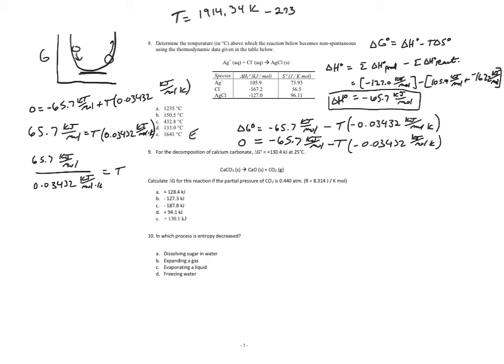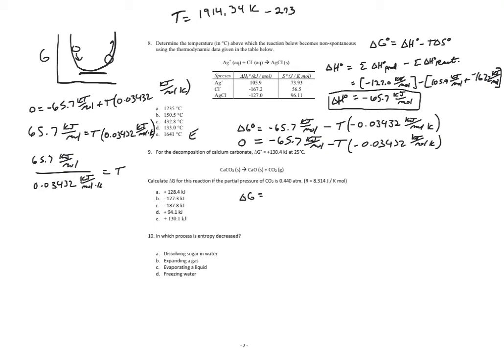And again, we're given this value of R, 8.314 joules per mole Kelvin. So the equation that we need is an equation that relates delta G standard to delta G at non-standard conditions. And so that equation looks like this.